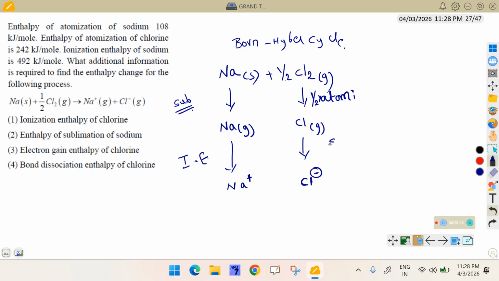This is electron affinity. Now, the enthalpy of atomization is given for sodium as well as chlorine. Okay, sublimation is considered as atomization. The ionization energy of sodium is given. What additional information is required? Electron affinity or electron gain enthalpy of chlorine. The additional information required is the electron gain enthalpy of chlorine.